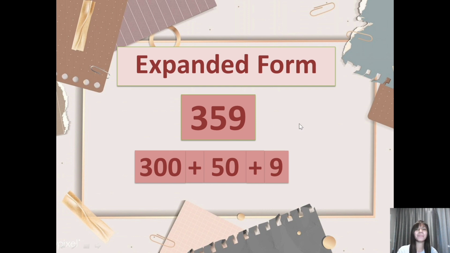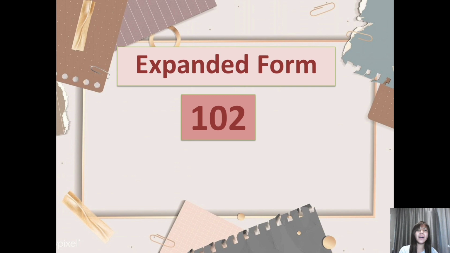Okay? Next, 102. So 1 here is in the hundreds place value. So 1 means 100. Next is 0. So don't forget the plus sign here.